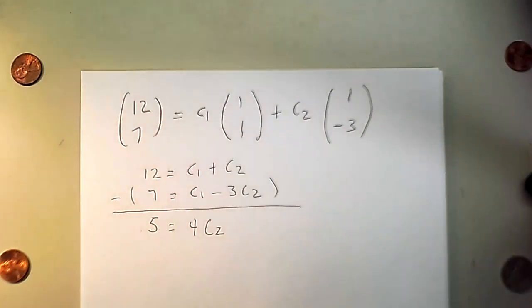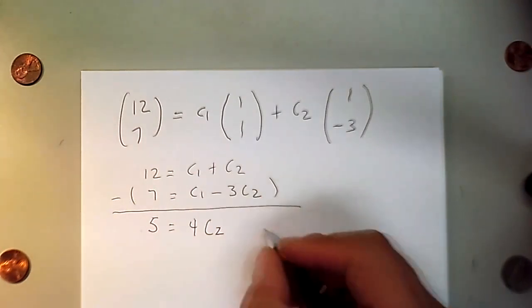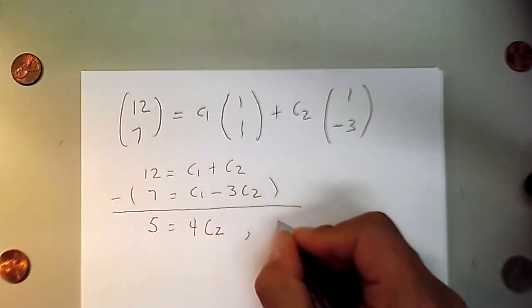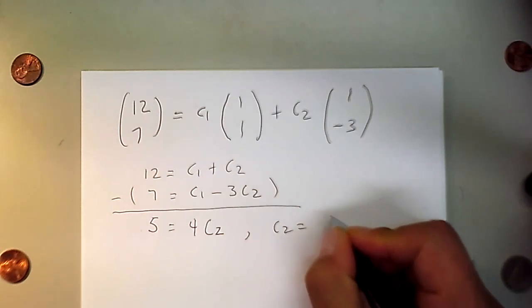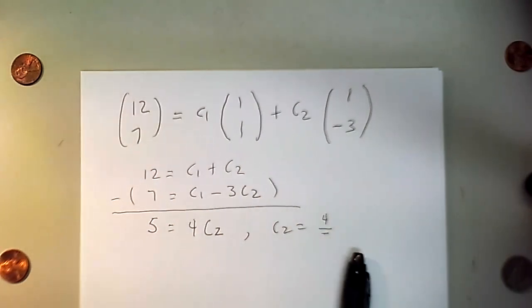Yep, looks right. So C2 is a fraction. I wasn't anticipating a fraction, but it is what it is. So C2 equals 5 over 4.